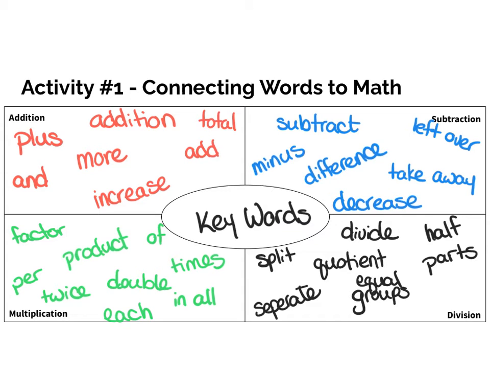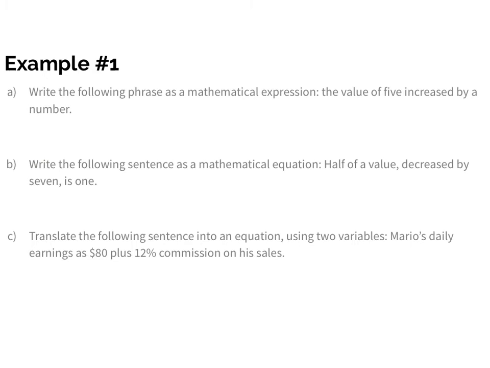Words like divide, quotient. Seems kind of fancy, but it means to divide. If we're splitting things up or separating them, they would mean division. Equal groups means splitting it up into equal groups. The word half is actually division. It means you're dividing something by 2. So those are all words that might mean division.